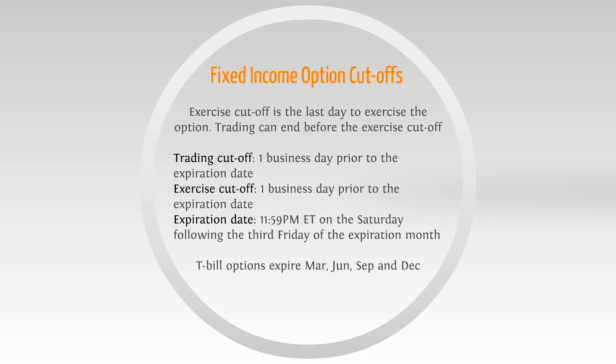You don't see a specific time for the trading and exercise, but there is for the expiration date. It's going to be that same midnight on the Saturday following the third Friday of the expiration month. And T-bill options expire in March, June, September, and December, so we have quarterly expirations for those.